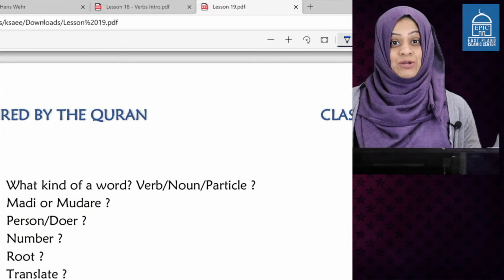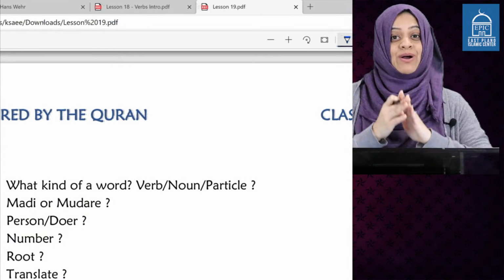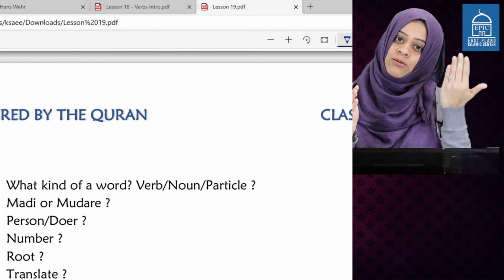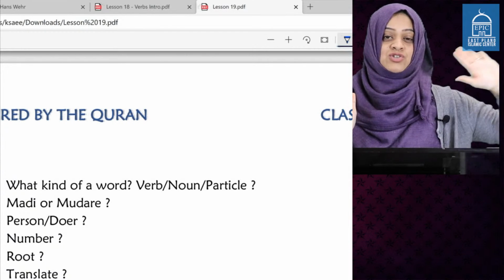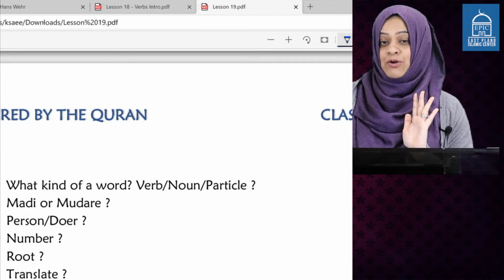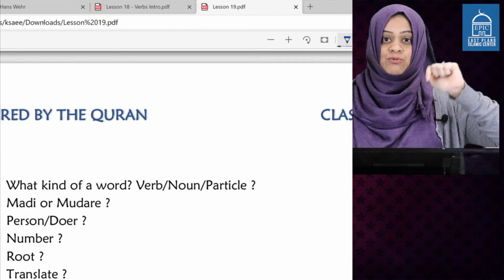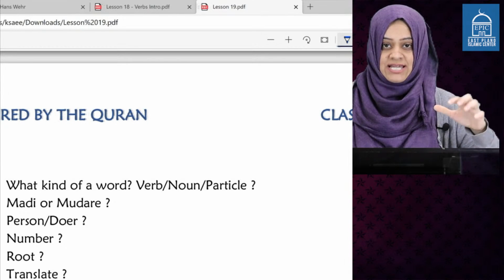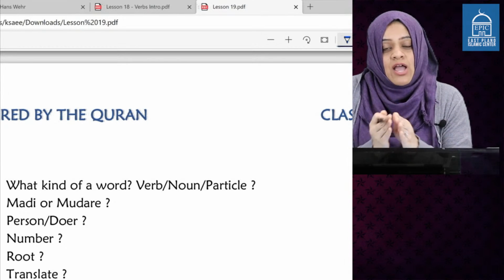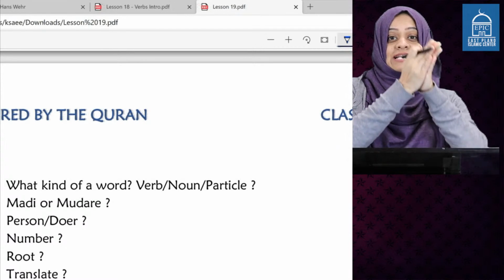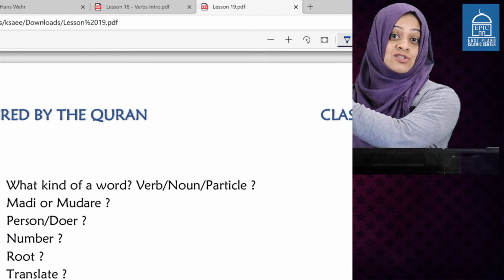You have the three words: noun, verb, particle. Once you identify it's a verb, madi or mudare, you know madi is all about endings, mudare is all about beginnings and endings. Then after you remove the beginning and the ending, which is the constant, you figure out what the root letters are. Once you figure out the root letters, it takes you to your dictionary, which is the Hans Wehr Dictionary.